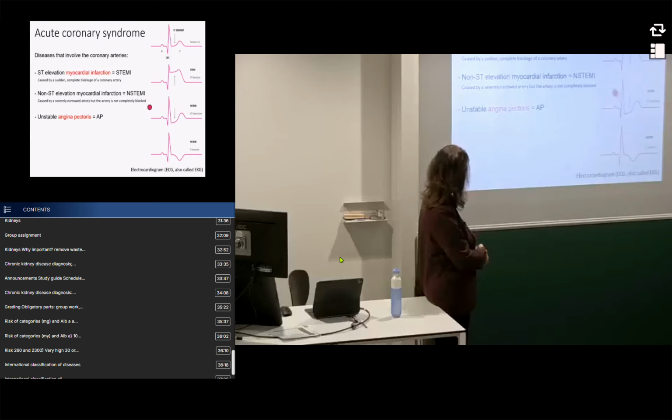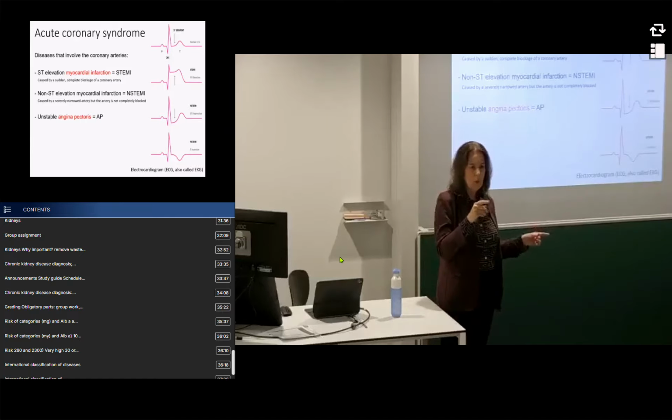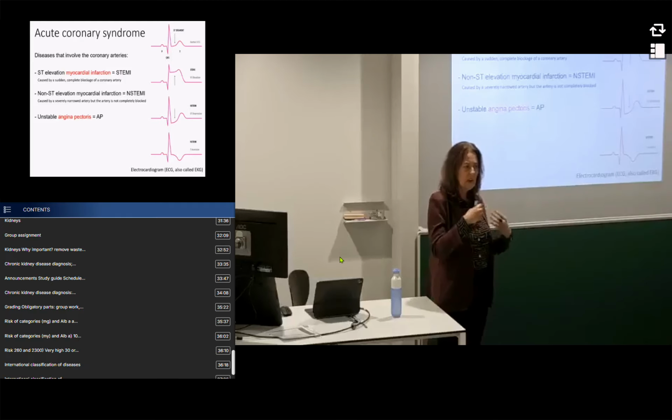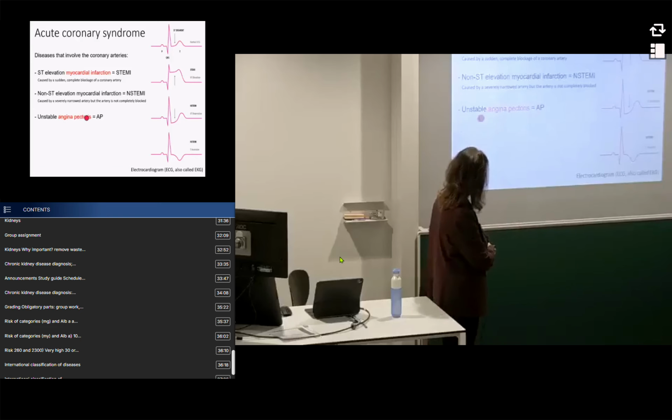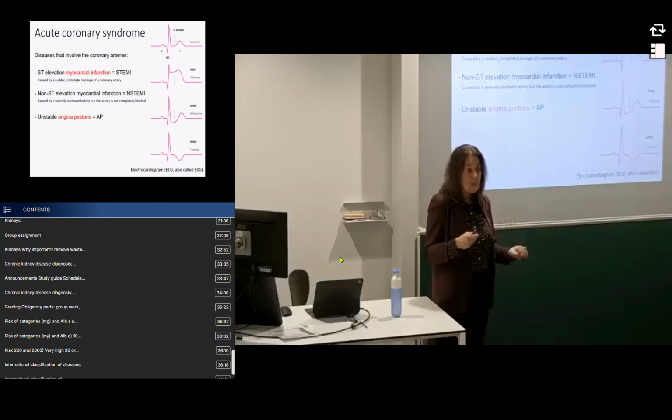And then we have what we call angina pectoris. That's a kind of pre-clinical stage of myocardial infarction. So there is less blood flow to the heart tissue, but there is still some blood flow, and it can cause a temporary mini type of infarction. So we call that AP, and that's a warning sign for getting a real myocardial infarction.